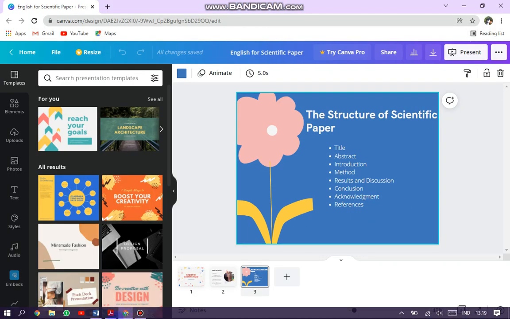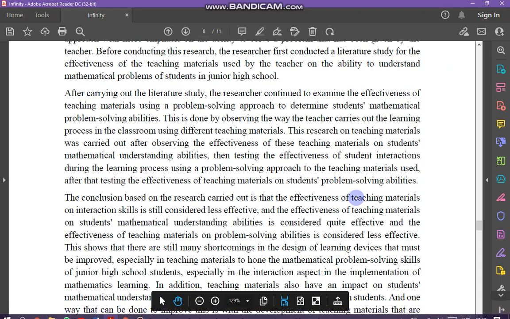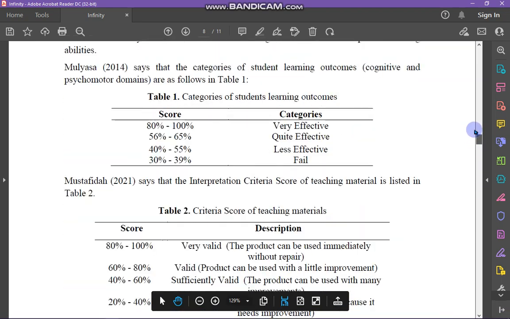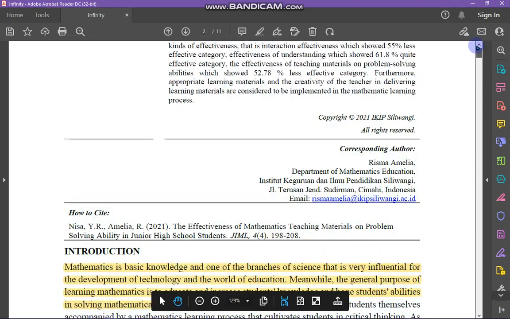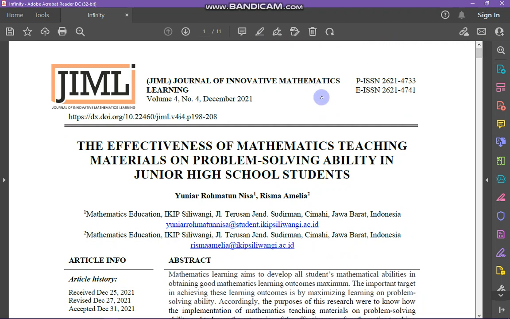The article I chose was from JIML, or Journal of Innovative Mathematics Learning. I analyzed this article, and the first part is the title: The Effectiveness of Mathematics Teaching Materials on Problem-Solving Ability in Junior High School Students.